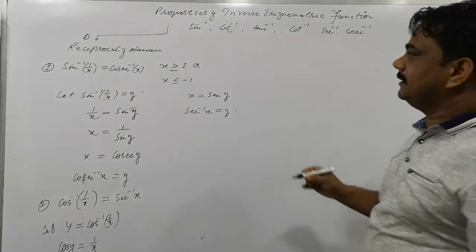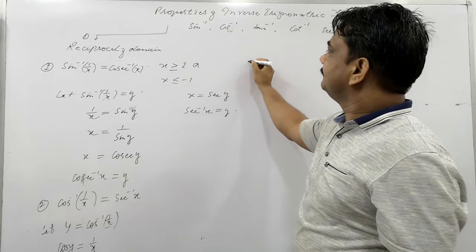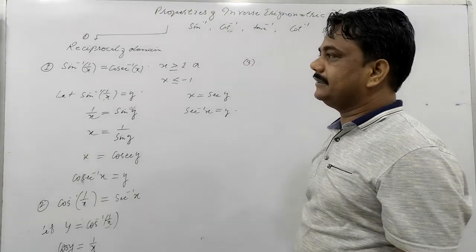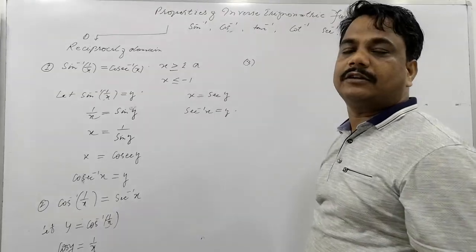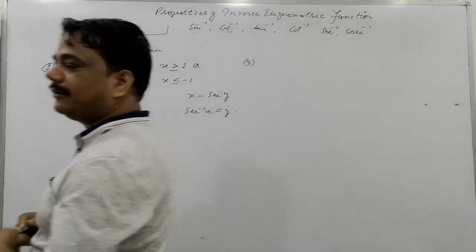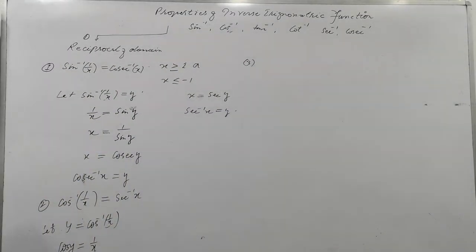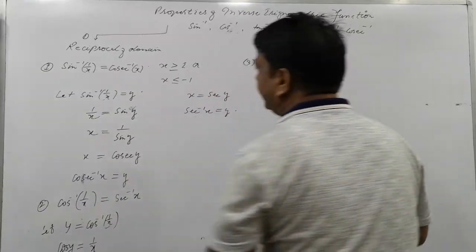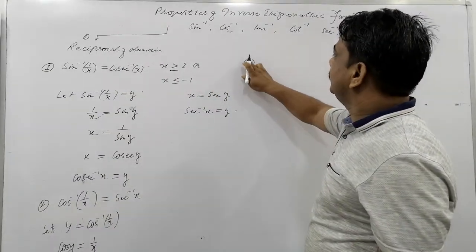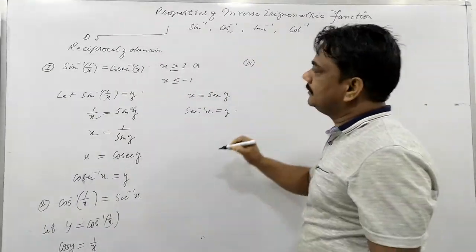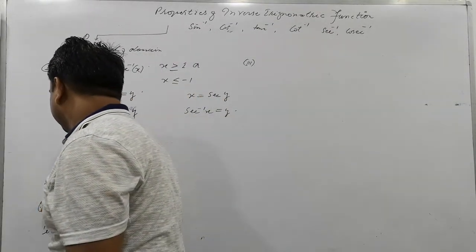What is the third property? Now, the third identity. Does it work for tan also? Check whether it works or not. So this also works for tan.